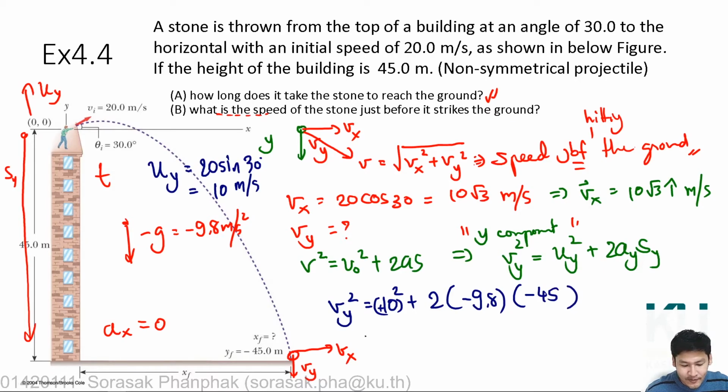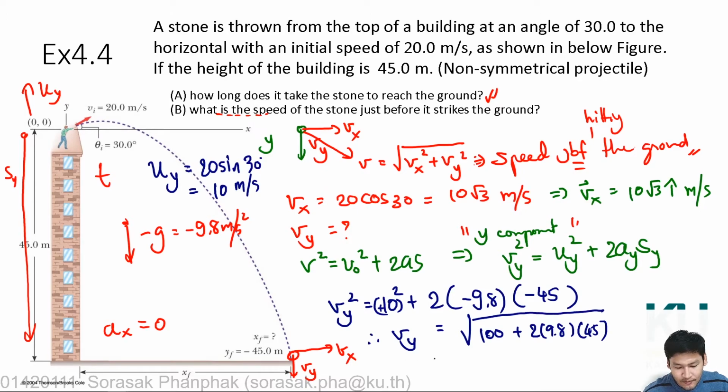So finally, you get your Vy as the square root of 10 square, which is 100, plus you multiply this term like 2, 9.8, and 45 under the square root. So finally, your Vy as a result is equal to 10 root 10 meters per second.